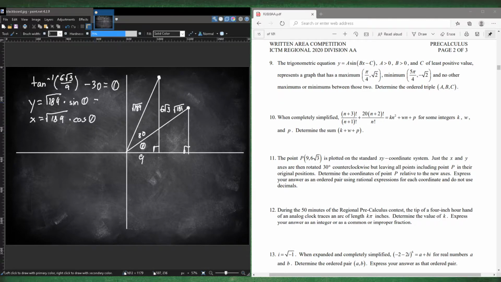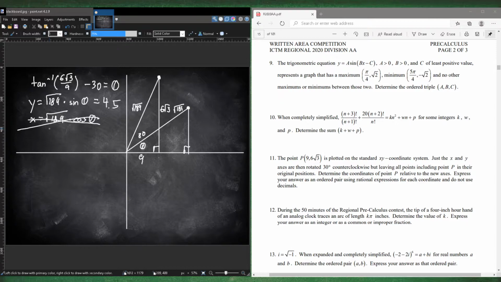Our y value should come out as 4.5. Then √189 times cosine of that angle gives you something like 12.99038, etc., which is really imprecise. So we're not going to use this because it's going to be some kind of radical in there.